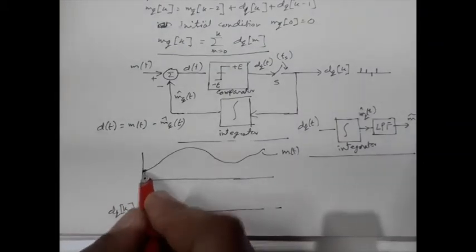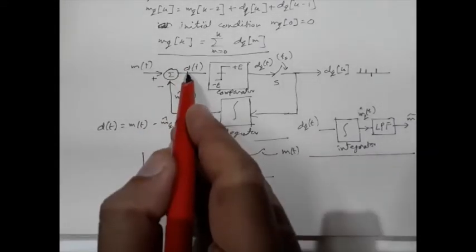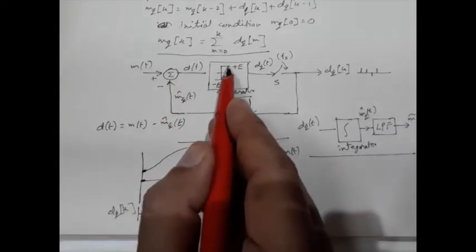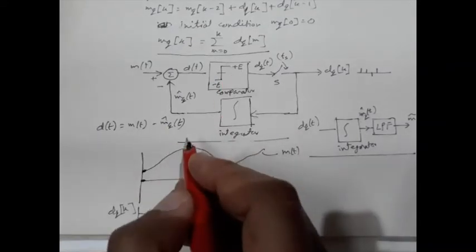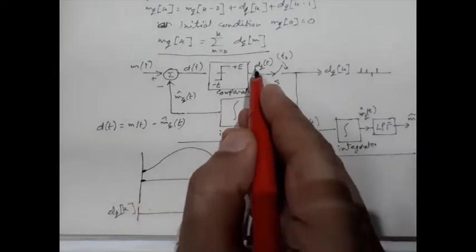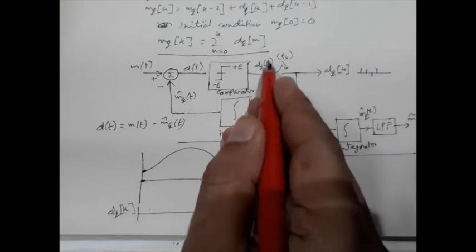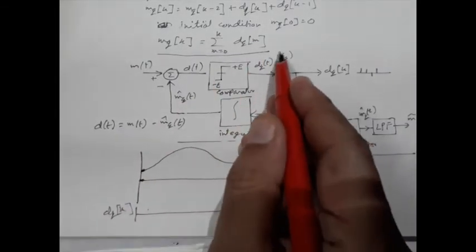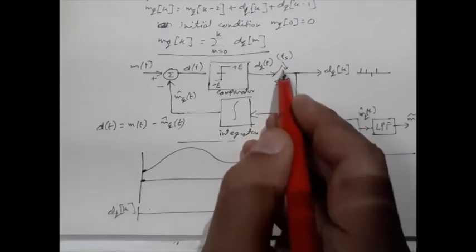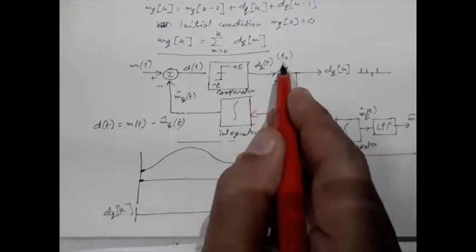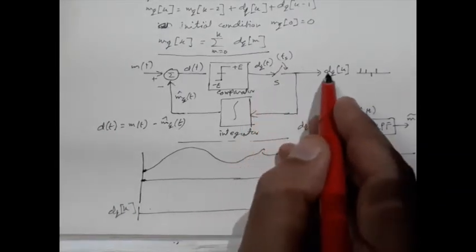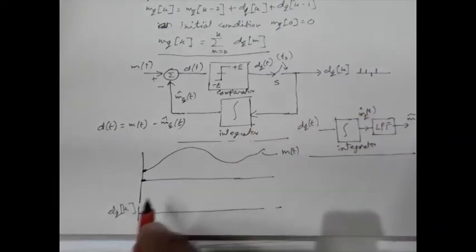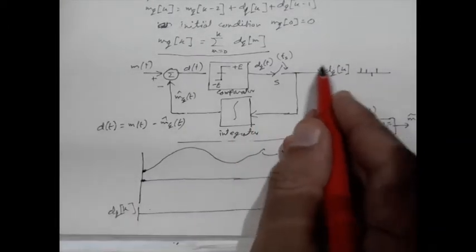So M is here, integrator output M̂Q is here, so D is positive, so it will produce a positive E volt. That means DQ(t) will be a positive voltage, right? Now this switch will momentarily close, and once it is closed we will get DQ[k]. So what should be the value of this DQ[k]?